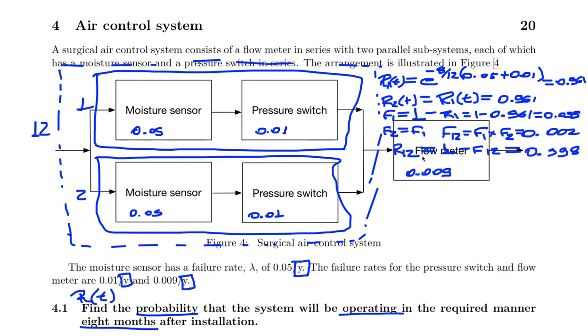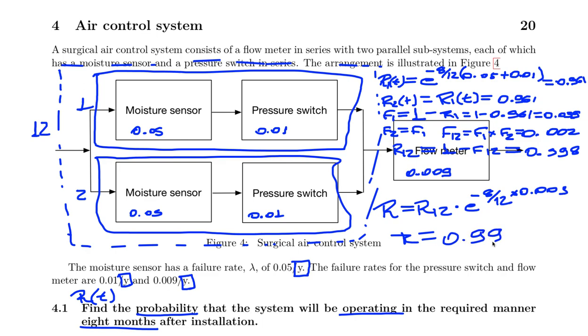I need to just find a serial system with the flow meter. So the final reliability will be the reliability we just found, the 0.998 times exponential of minus t, 8 months in a year, times the lambda of the flow meter. So it's 0.009, which is equal to 0.992.